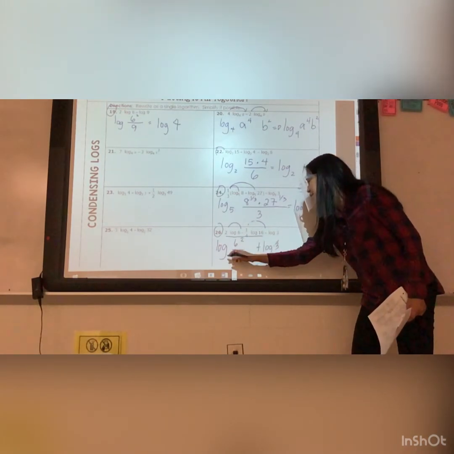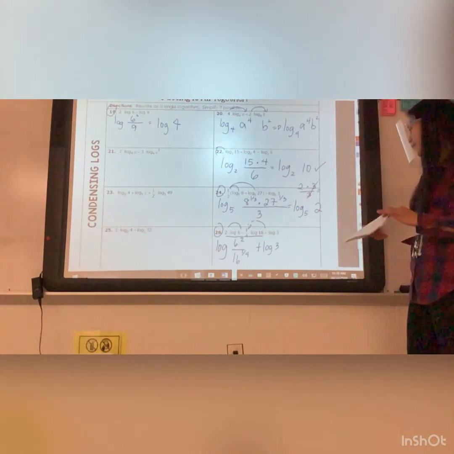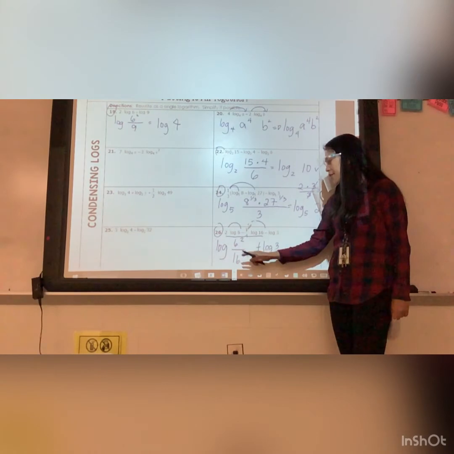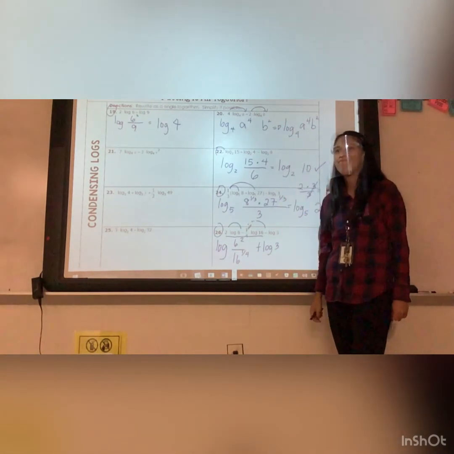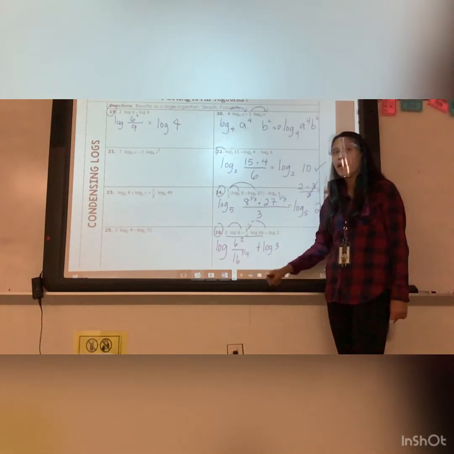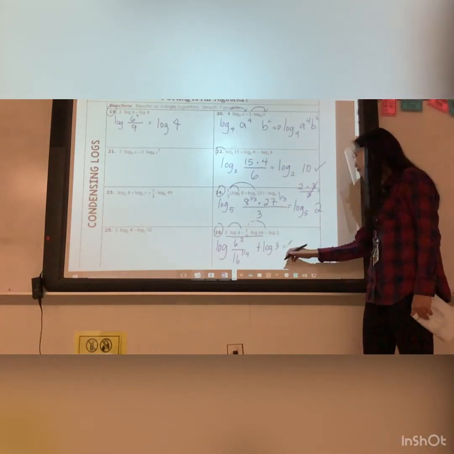What is your answer here? 6 times 6 is 36. 36 over the fourth root of 16, which is 4. Is it 4 or 2? 2. So you have 36 divided by 2. Answer please. 18.